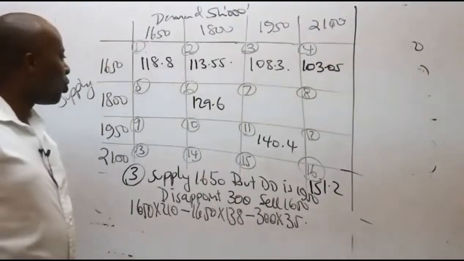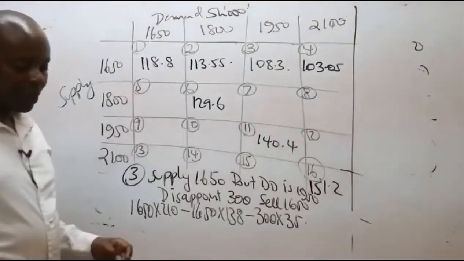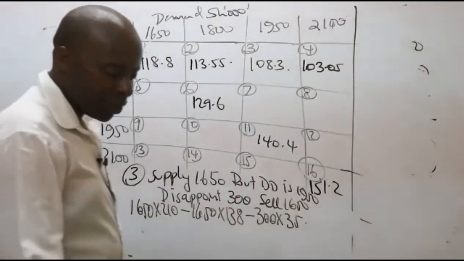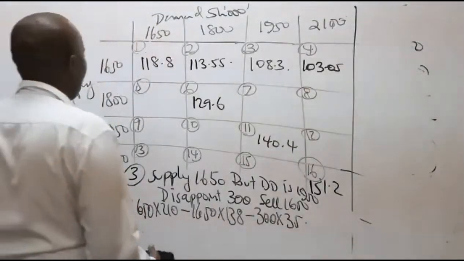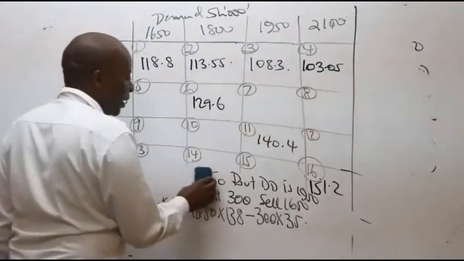So let us go to cell number 5. Cell number 5 is quite a tricky one.